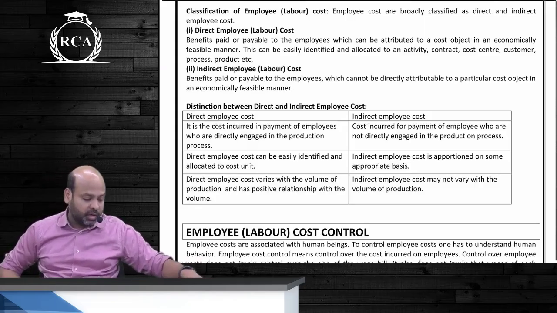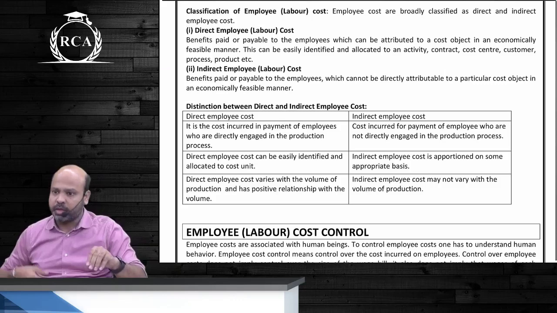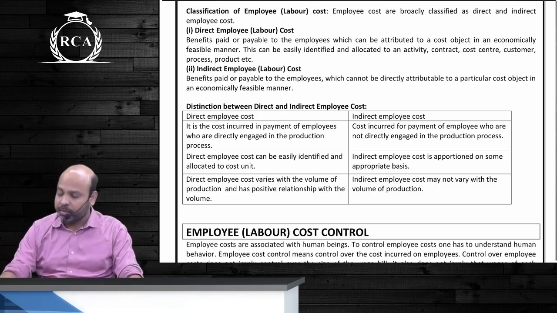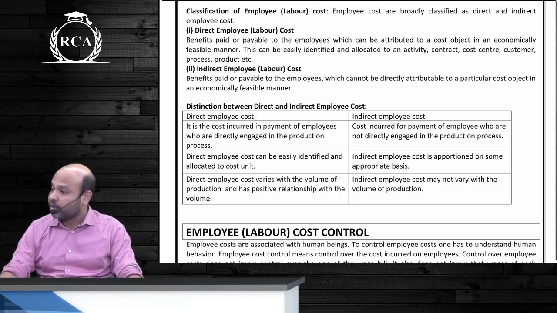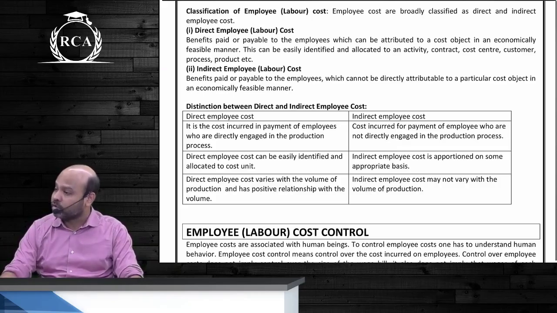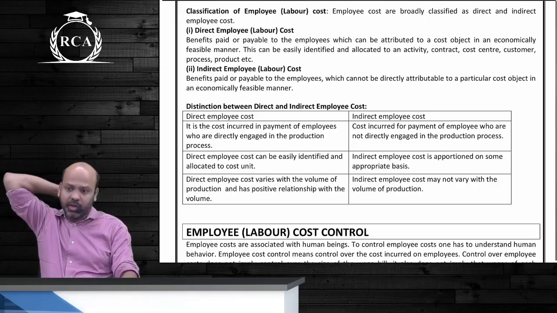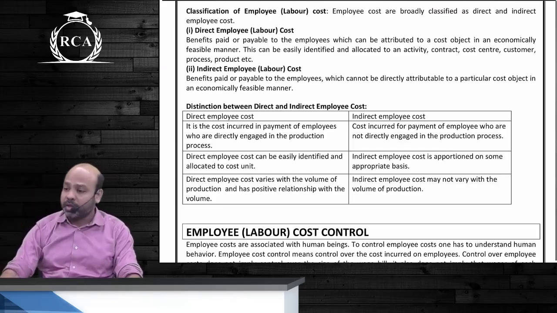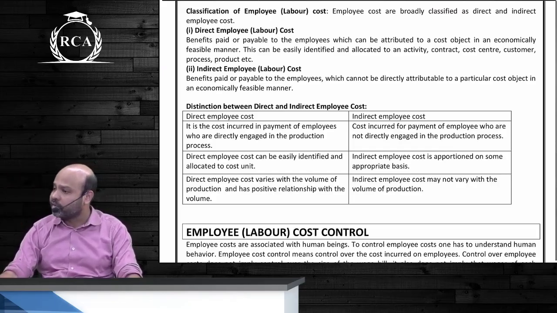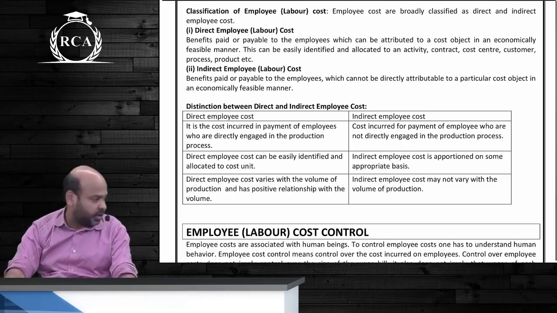Even if it's a manufacturing company, employee cost can still be a significant component of the overall cost of the product. A lot of companies are setting up their assembly factories in India because employee cost is a little cheaper here. That's the reason why they undertake the work here.